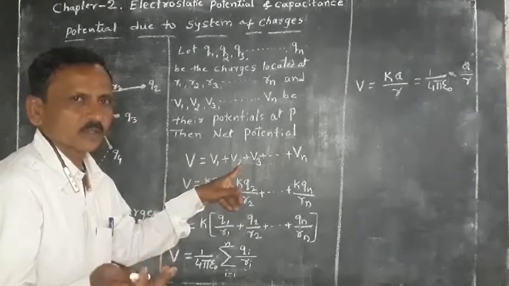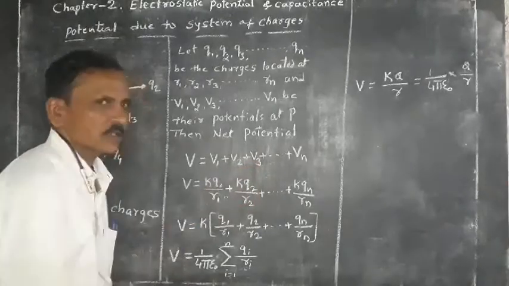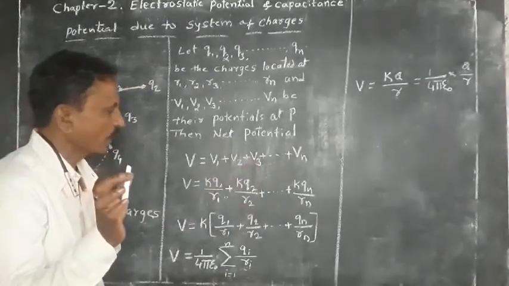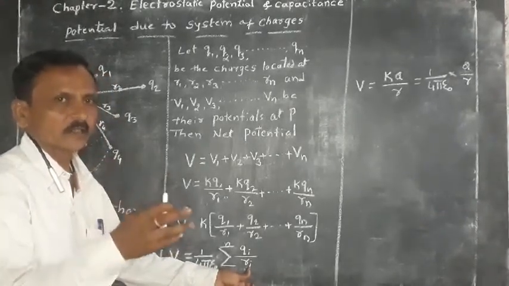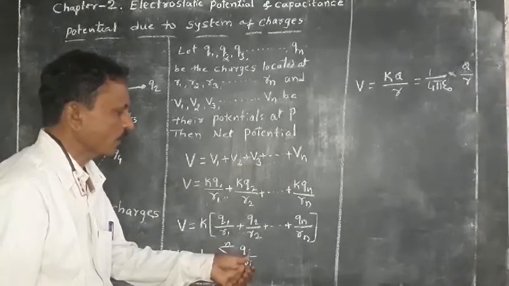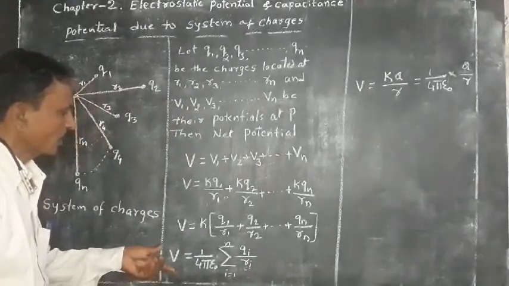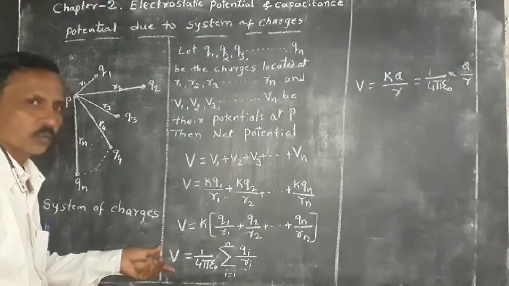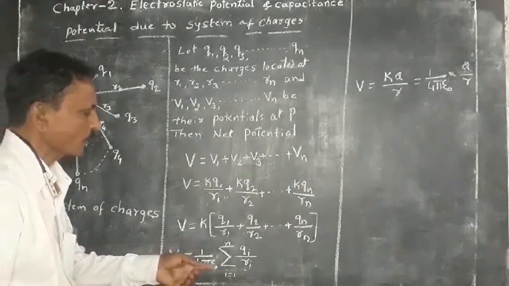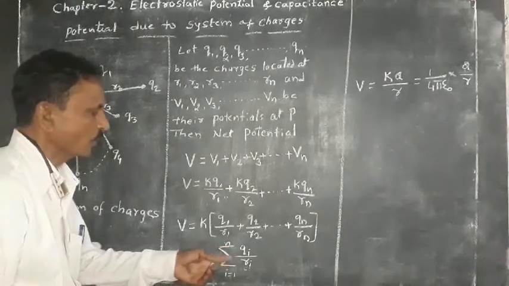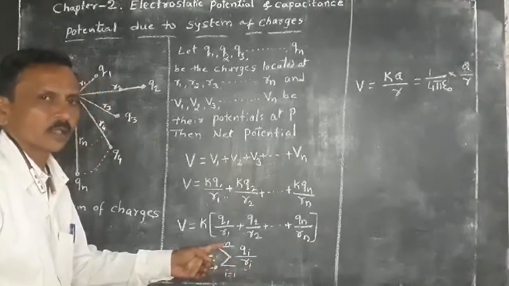If it consists of three charges, that is Phi1 plus Phi2 plus Phi3. Here Ri represents the distance of the ith charge. Therefore, total potential at a point due to a system of n charges is 1 upon 4 pi epsilon naught times the summation of Qi upon Ri, where i equal to 1 to n.